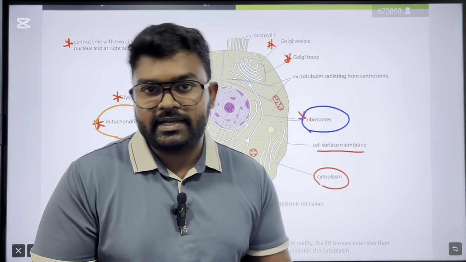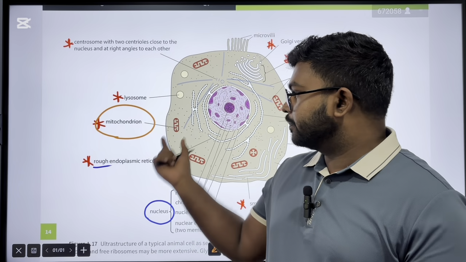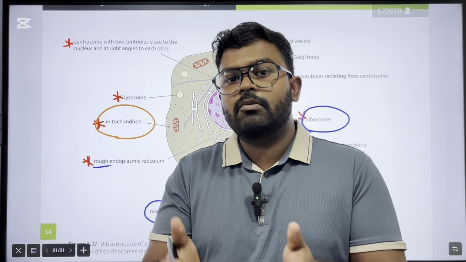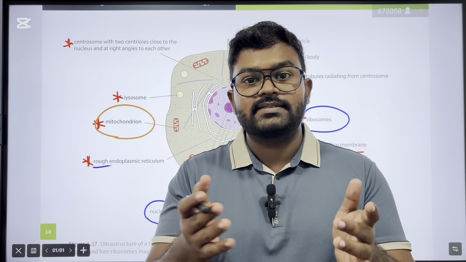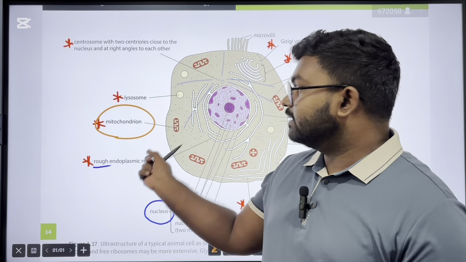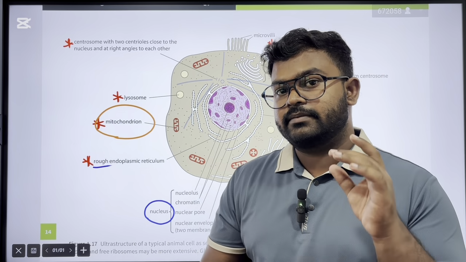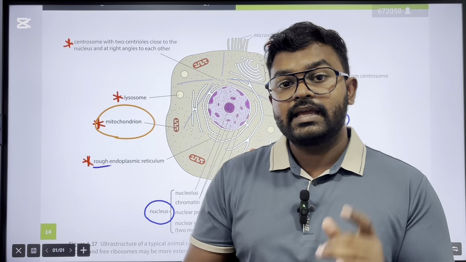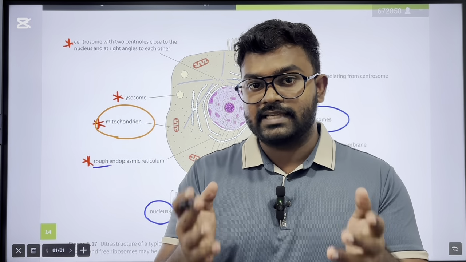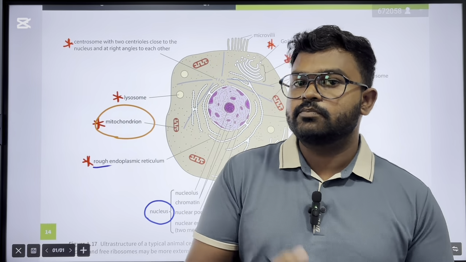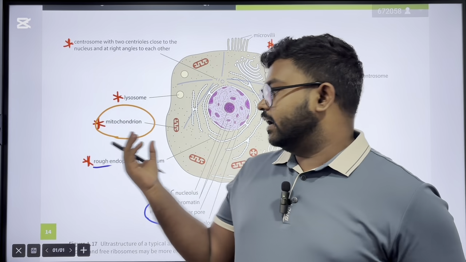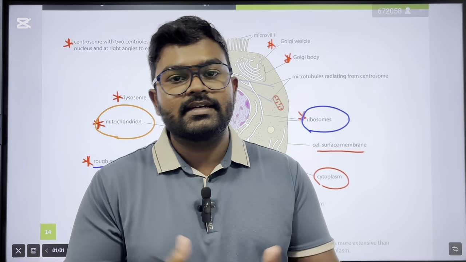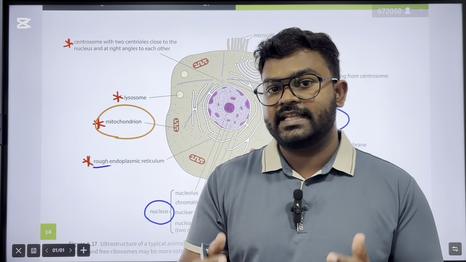By aerobic respiration, mitochondria produce energy in the form of ATP. Remember, mitochondrion is very important because it produces energy by aerobic respiration within a cell. Golgi bodies modify these proteins, and endoplasmic reticulum is like a transport system within a cell.